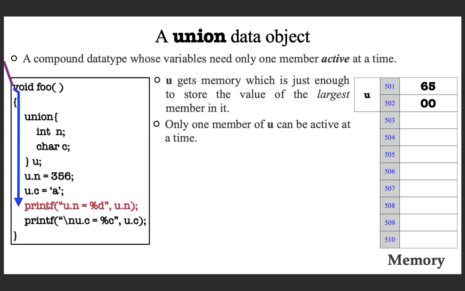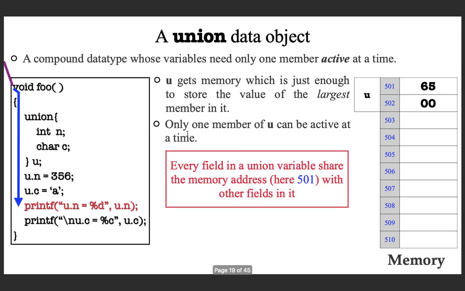And now see, what is the statement to be executed? It is a printf statement. And what are you trying to print? You are trying to print the value of the field n. Is it an error? It's not an error. If you try to print, it will print, because every field in a union variable shares the memory address, here 501, with the other fields in it.